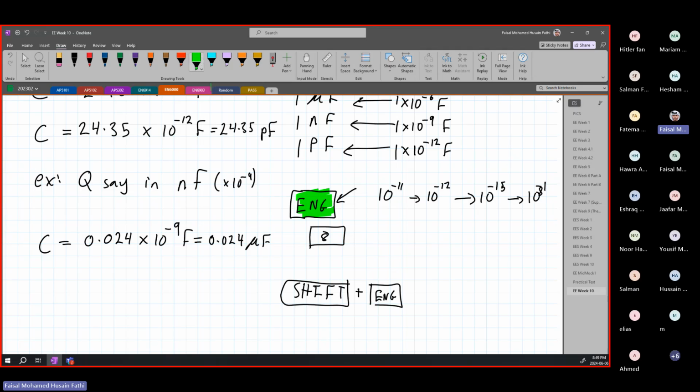Is this clear? This is a very important thing that no one will ever teach you, honestly. I discovered this on my own a long time ago, and I use it all the time when I am trying to find my values. In this case it is going to go from 10 to the minus 11 to 10 to the minus 9 to 10 to the minus 6 and so on and so forth.